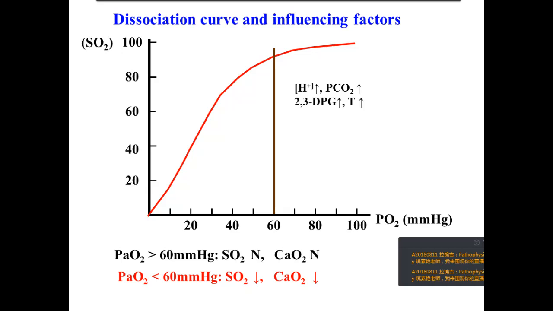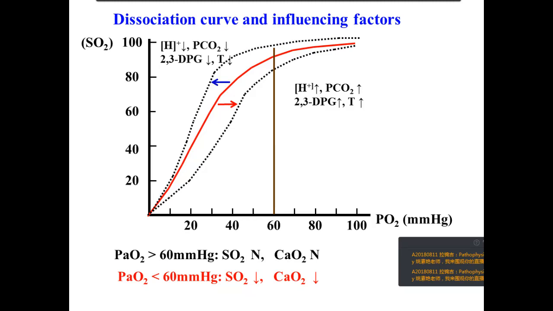If the 4 factors increase, the dissociation curve shifts right. If the 4 factors decrease, the curve shifts left. Shifting right or left affects the affinity of hemoglobin for oxygen. Shift left, affinity increases. Because affinity increases, oxygen liberated to tissue cells decreases and hypoxia happens.